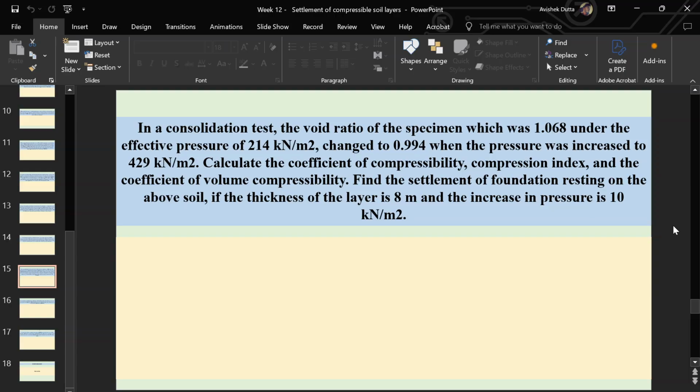Find the settlement of foundation resting on the above soil if the thickness of the layer is 8 meter and the increase in pressure is 10 kilonewton per meter square. To note, this increase in pressure is increase on the initial pressure, that is 214.